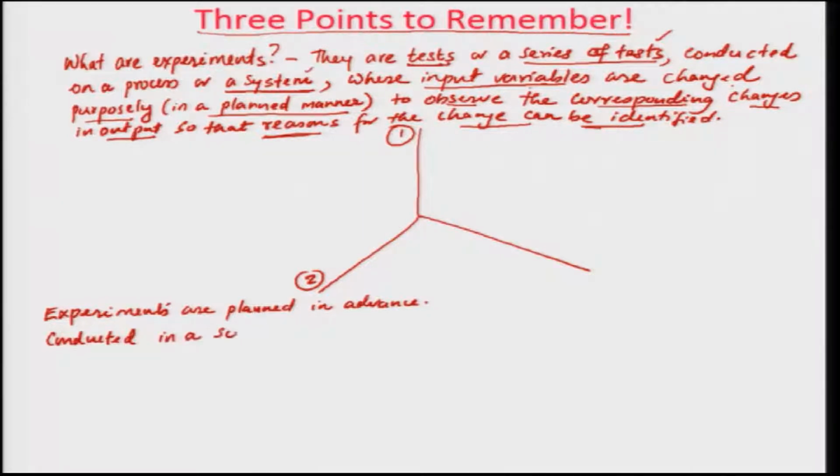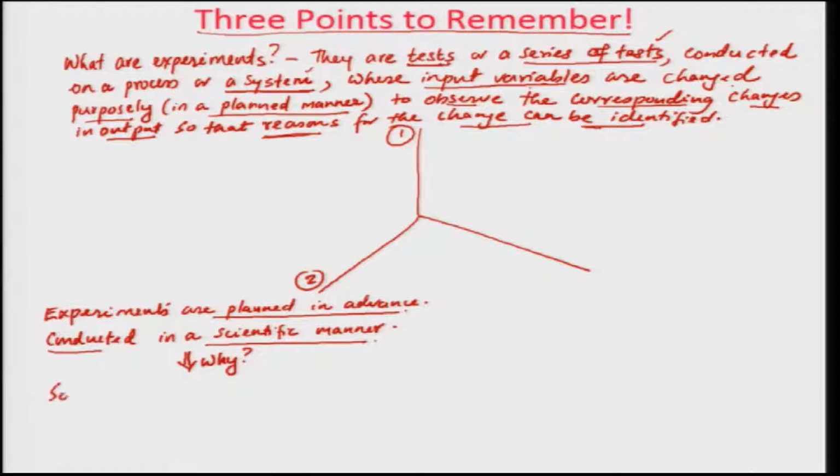There is advanced planning involved, and you conduct the experiments in a scientific manner; there is a rhyme and a reason, a methodology for doing this. Why do we plan and why do we conduct in a scientific manner?